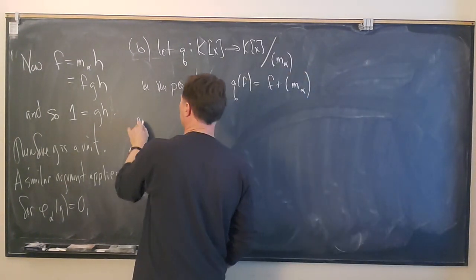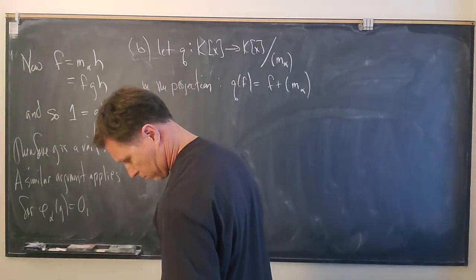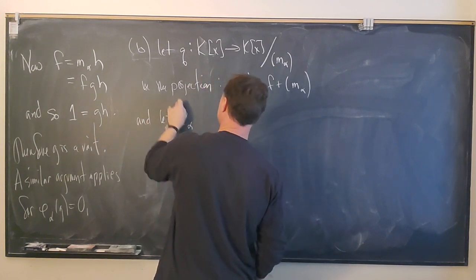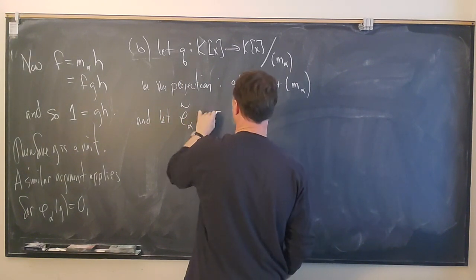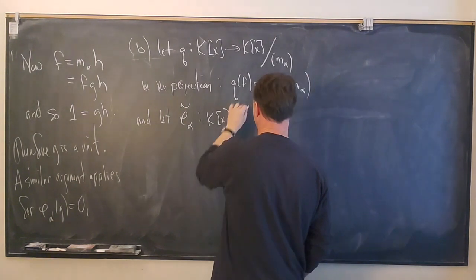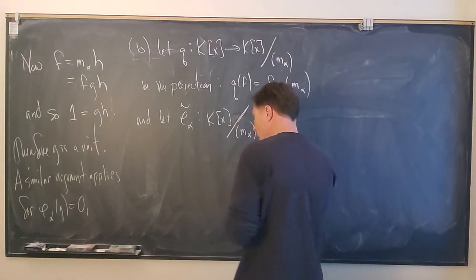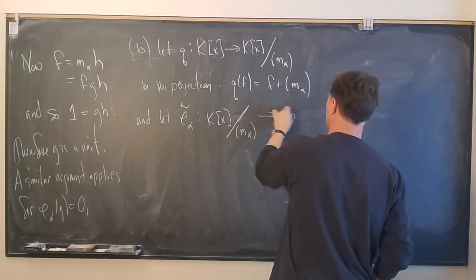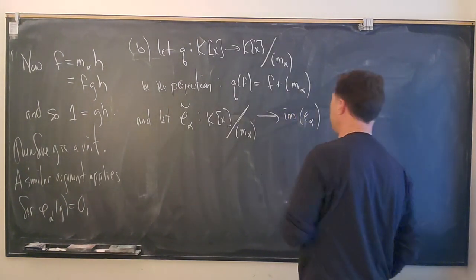And what other mapping do I need? Let's let E sub alpha tilde be from K bracket x mod the ideal generated by m sub alpha to the image of E sub alpha.